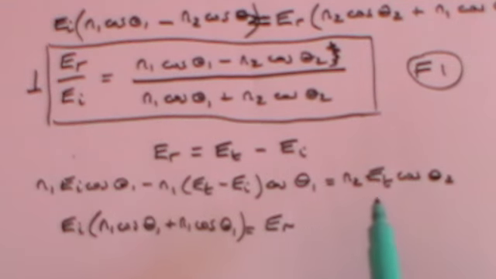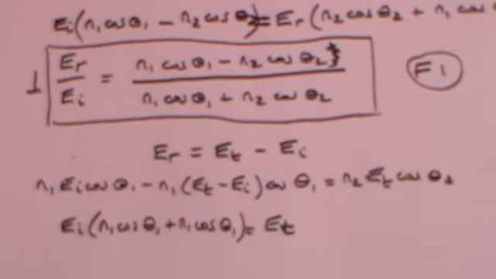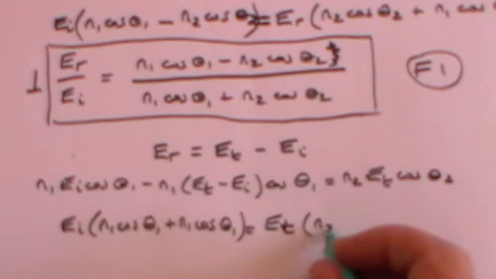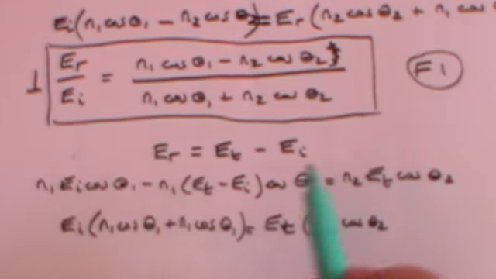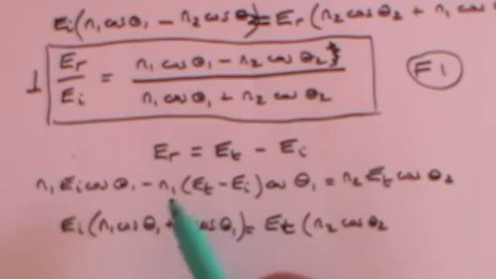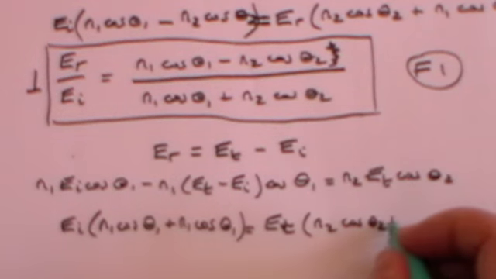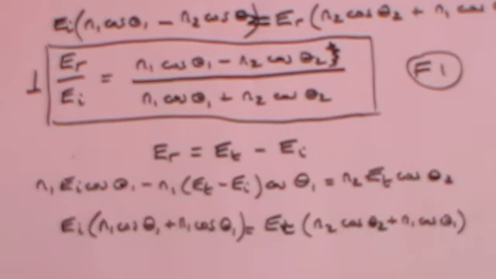And now we want the ER terms, sorry, the ET terms, because we have substituted for R, so we've got ET on this side of the equation. And here we've got an N2 cos theta 2, that's that term. And over here we've got a minus N1 cos theta 1, but that will become a plus when we go on the other side. So plus N1 cos theta 1.